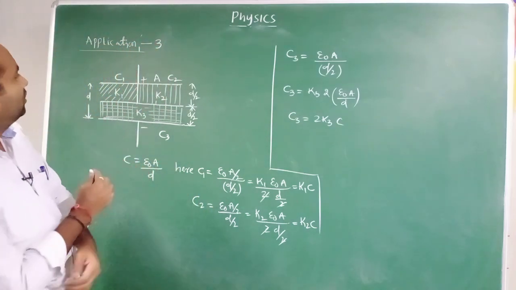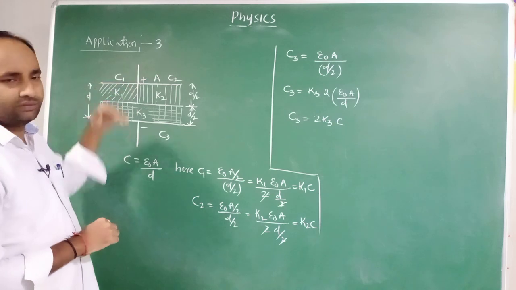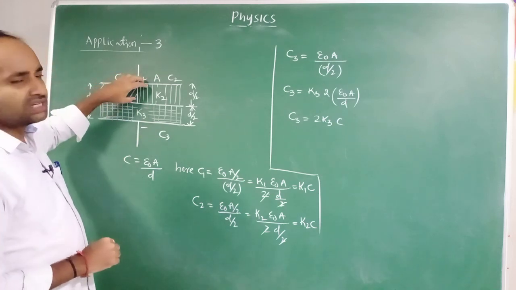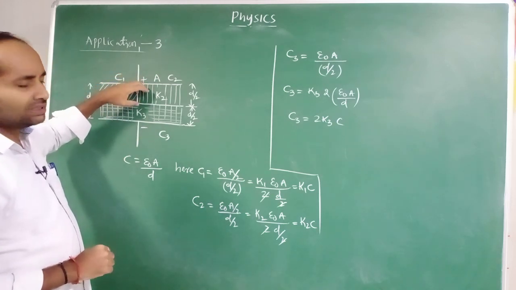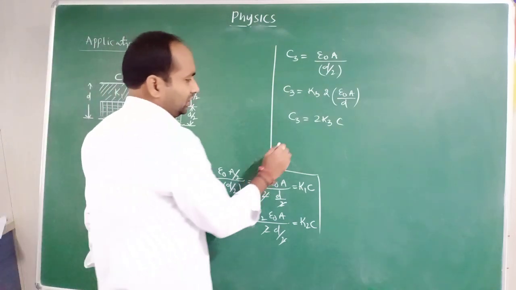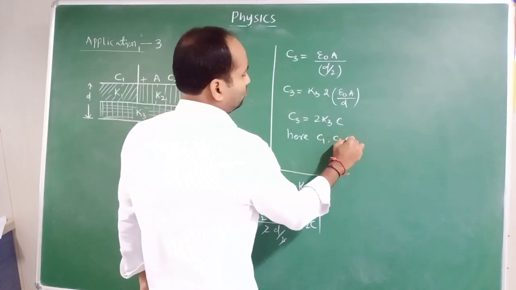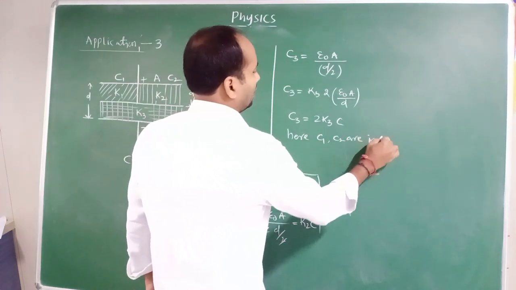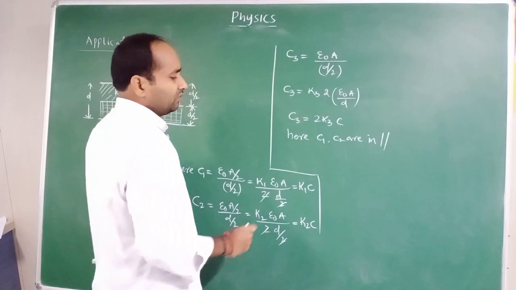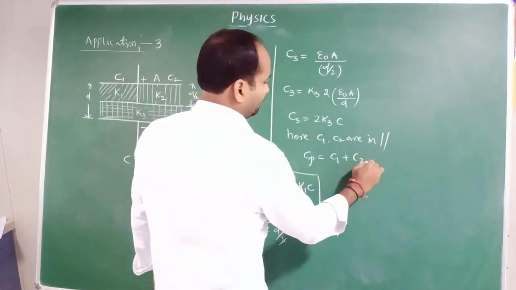Now, C1 and C2 are in parallel here, and the combination of C1 and C2 is in series with C3. For the parallel combination, Cp is equal to C1 plus C2.